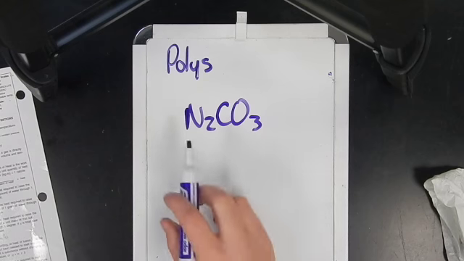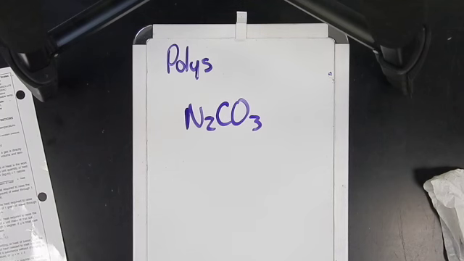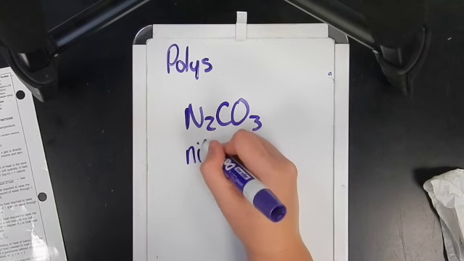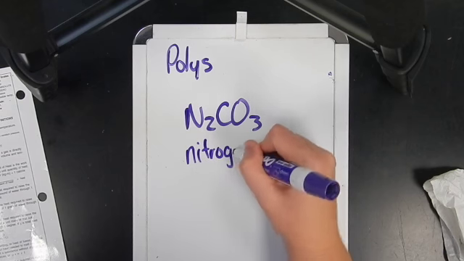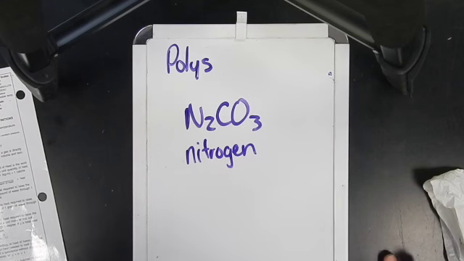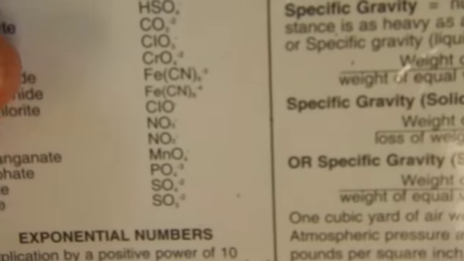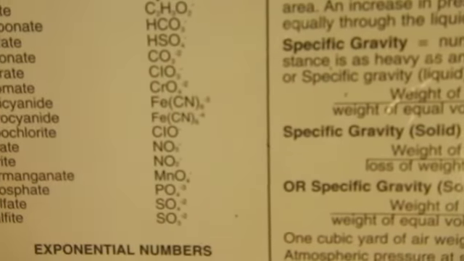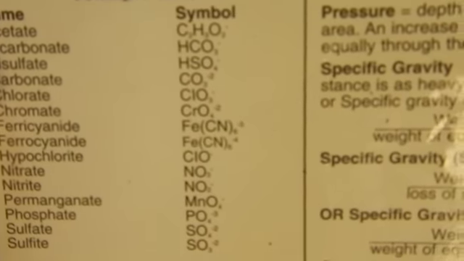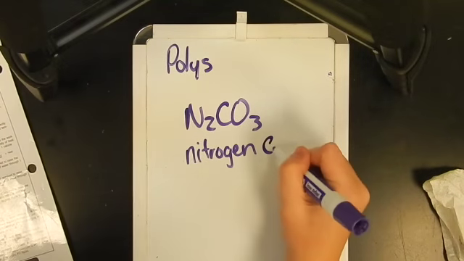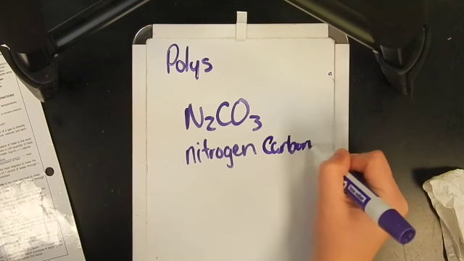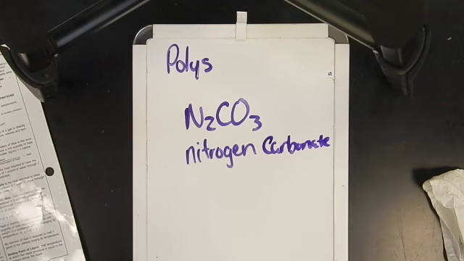So N2, that's just your starting compound. We know that's nitrogen, so you'll just write down nitrogen. CO3 is a poly, so you look at your poly sheet. CO3 is carbonate, so that'll just be nitrogen carbonate. You don't have to remember these names. You will be given a list. You could just use the list to figure out what the name is.